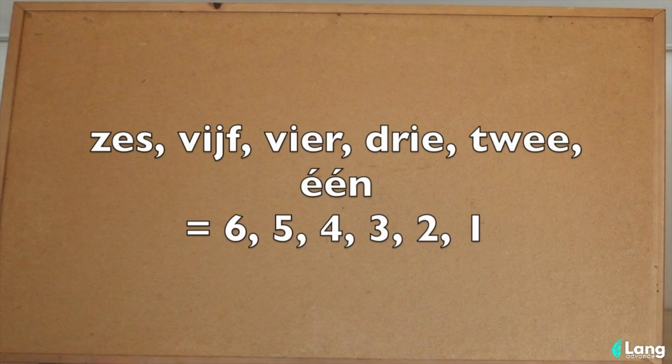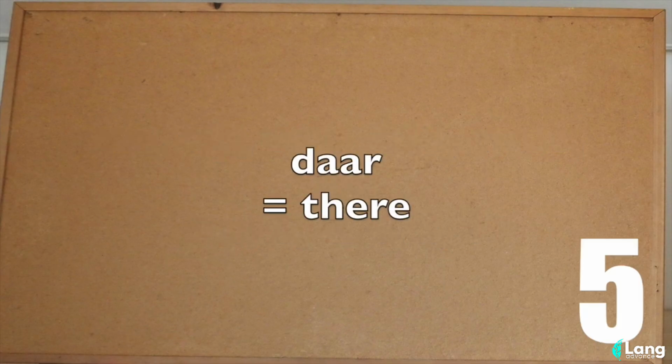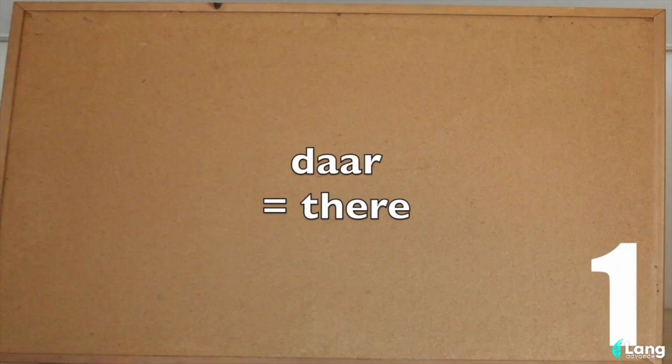Zes, vijf, vier, drie, twee, één. That's 6 to 1. Mind as well the één, there's two stripes there. That's to make the difference with een. Een is a and één is 1. Daar, that's there in space.